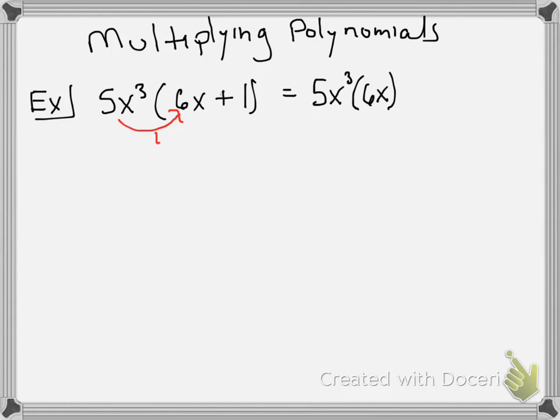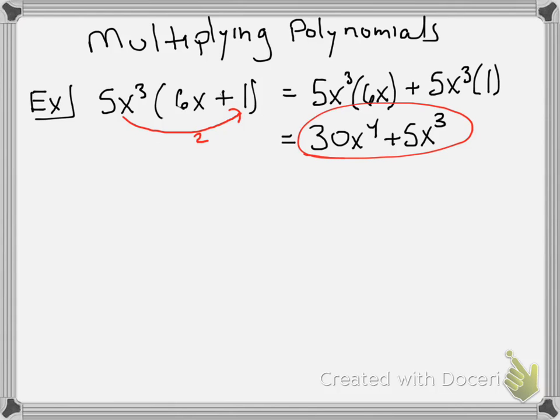So first we have 5x cubed times 6x plus 5x cubed times 1. So we've got two terms in here, great. And then we can just carry out that multiplication, and we get 30x to the fourth power, right? Because x cubed times x is x to the fourth. And here 5x cubed times 1 is 5x cubed.